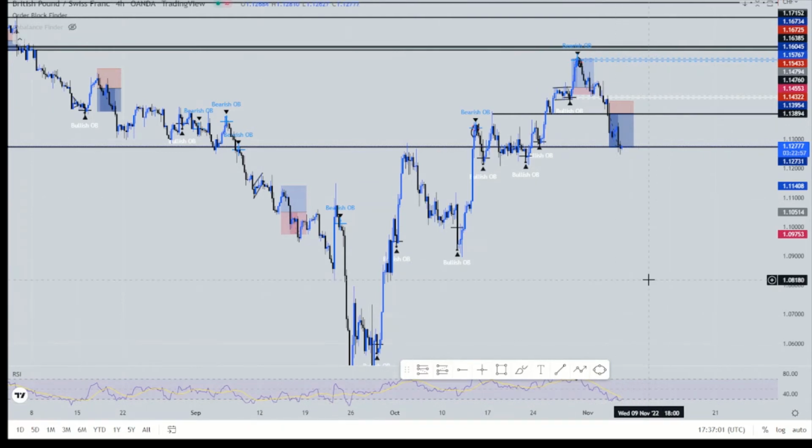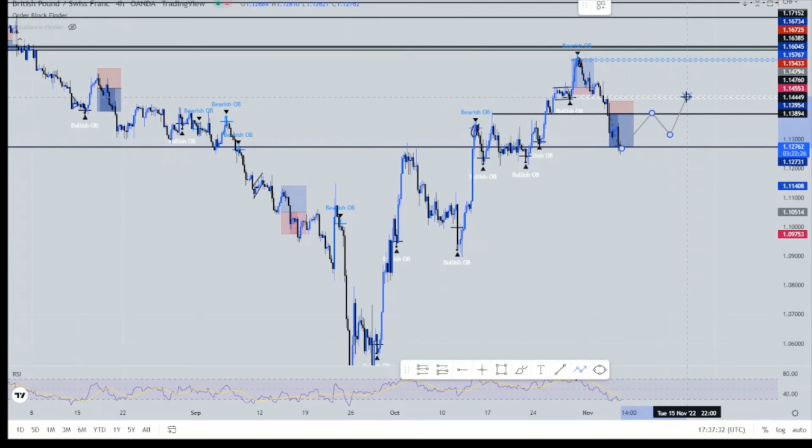So what we expect in GBP, pound against Swiss franc, according to my analysis, is this: it will move, it will buy here, come to retest, then it hits that bullish order block.